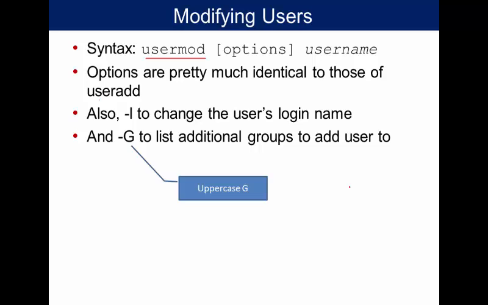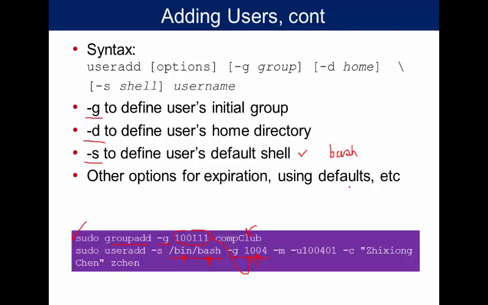In order to do that, you need uppercase G. Remember that earlier there was a lowercase. If you change it to -G, then you can put multiple groups, -G 1004, 100111, and whatever you want to do. Okay.